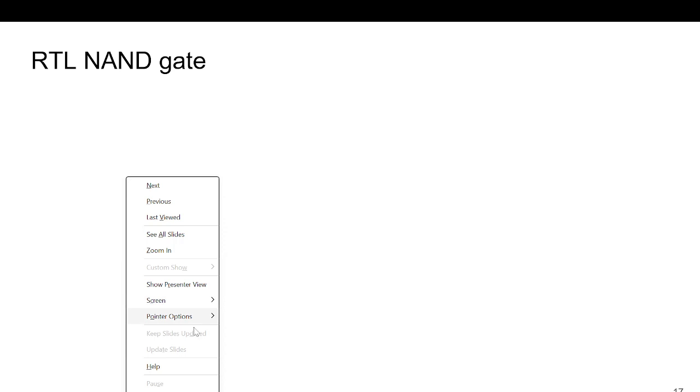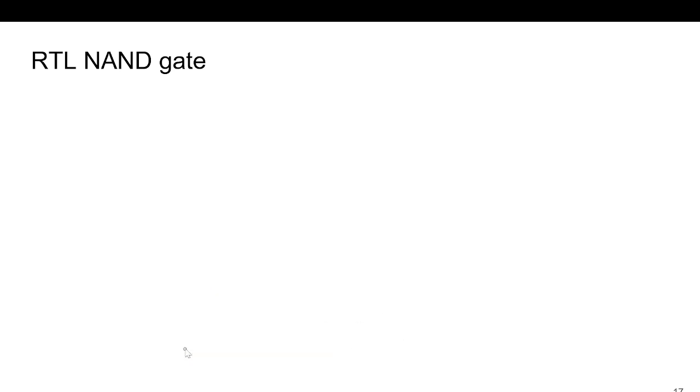So similarly, if we want to get a NAND operation, this is the symbol for the NAND gate, A, B and Y, with inputs 0, 0.